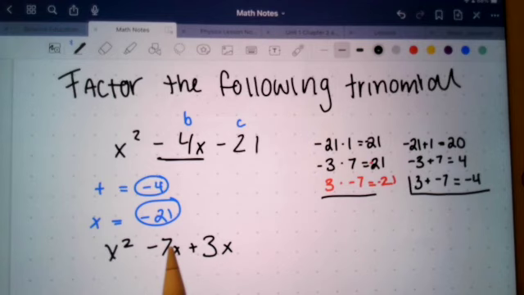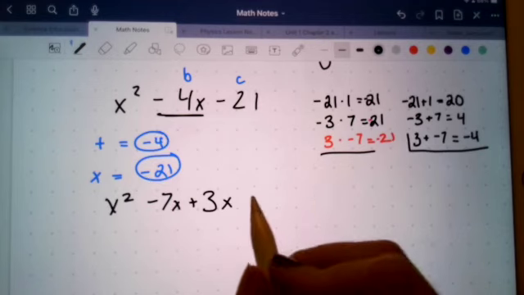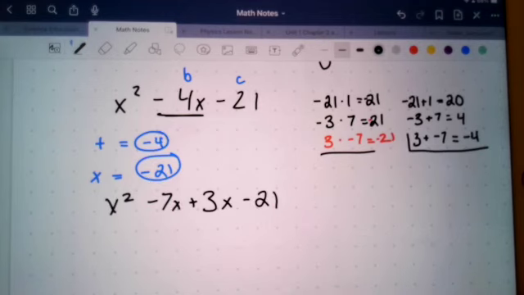They don't both stay negative, because if I were to add those two together, I'm going to be left with the correct -4 value minus 21. Okay, so all I've done is rewrite my expression. I haven't actually changed any of the values, because if I were to simplify this expression again, I would be left with the exact same thing that I started with.